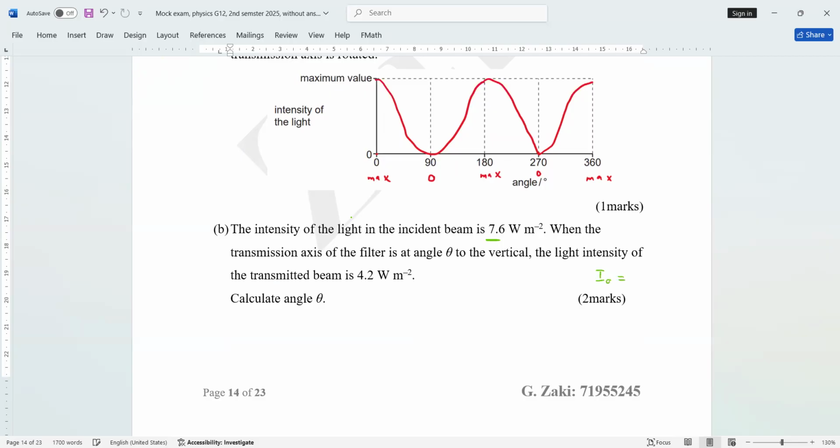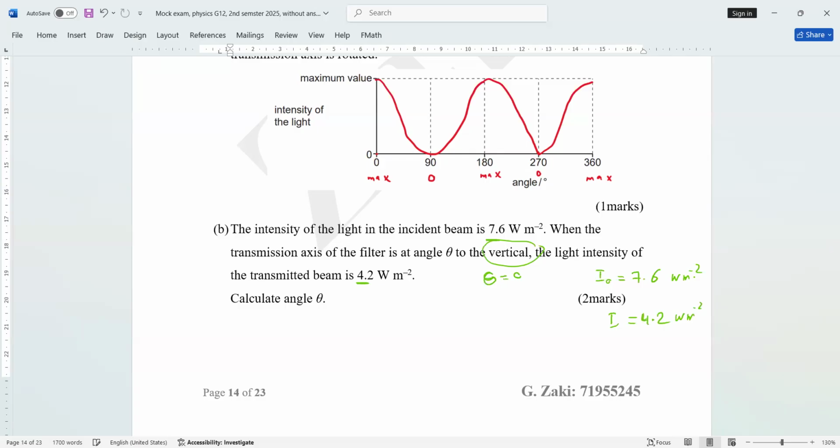Because when the filter is vertical, theta equals 0. The light intensity transmitted is 4.2. So this is I, 4.2. Remember the unit: watt per meter squared.